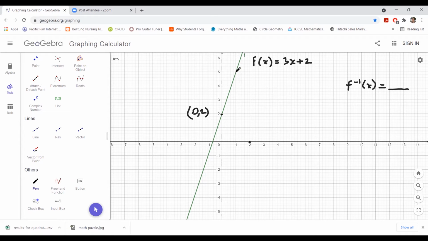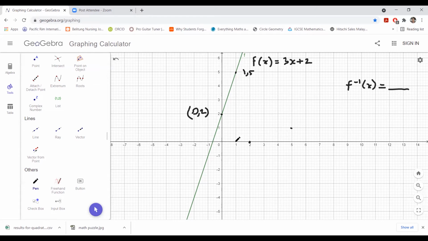And then what's another point? This one here, because the others are not actually on a corner of the block, are they? So we'll pick that one that's easy. So this is 1, 5. And 1, 5 becomes 5, 1, doesn't it, down here? So you have enough to draw the line already.